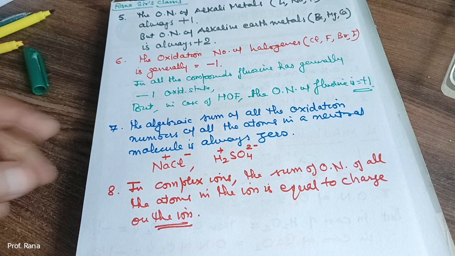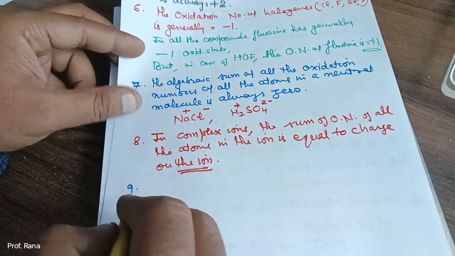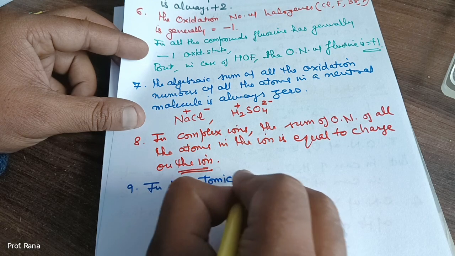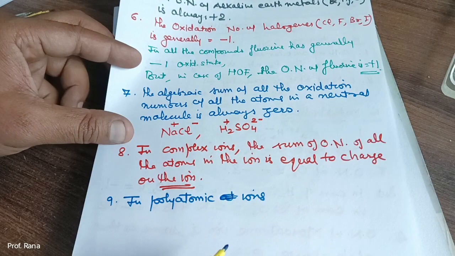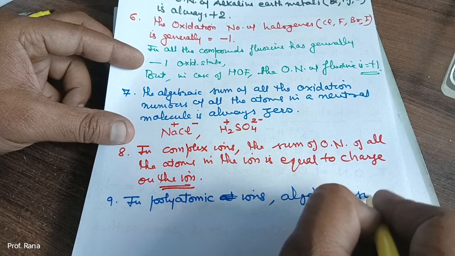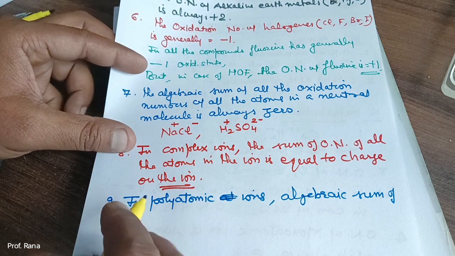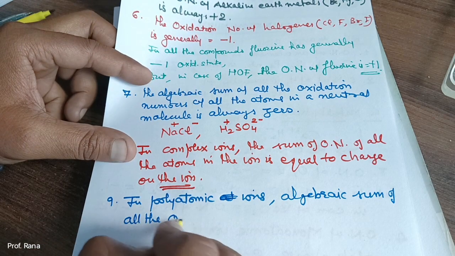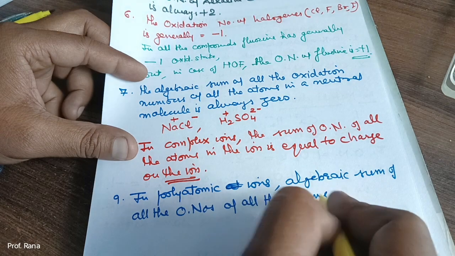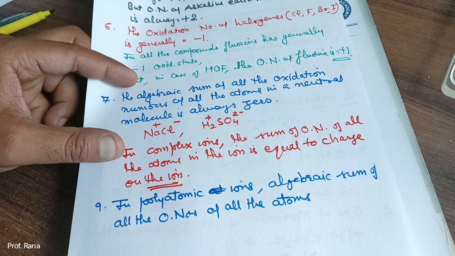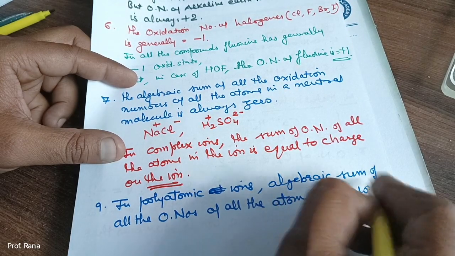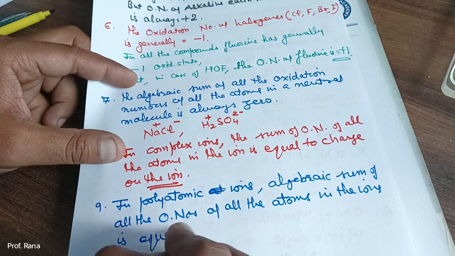And the next point is, if we talk about polyatomic ions, in case of polyatomic ions, you can write down the algebraic sum of all the oxidation numbers of all the atoms in the ion is equal to the charge on the ion.